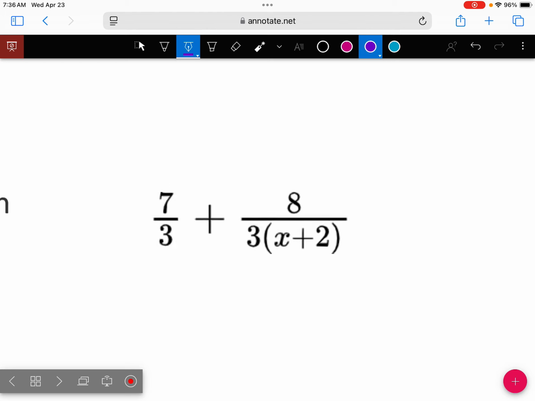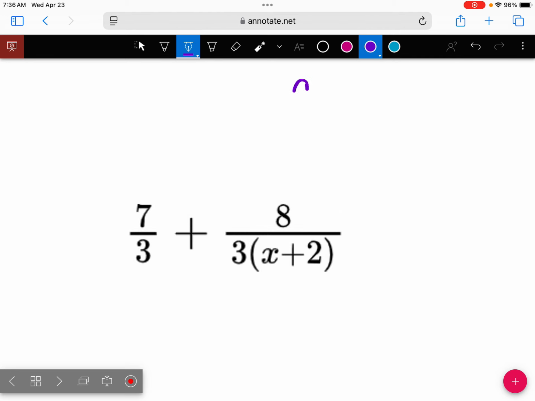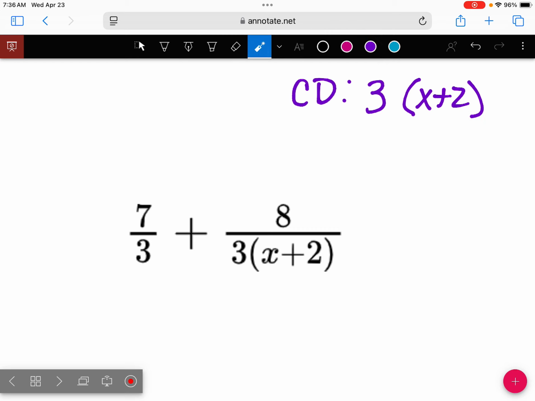We're looking for our common denominator. So what pieces exist in denominators? We have a 3, and we have an x plus 2. This has a 3, this has a 3, and an x plus 2. So this guy already has both pieces.